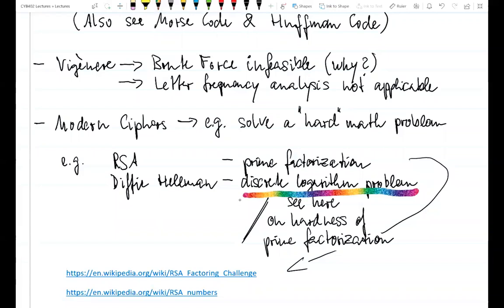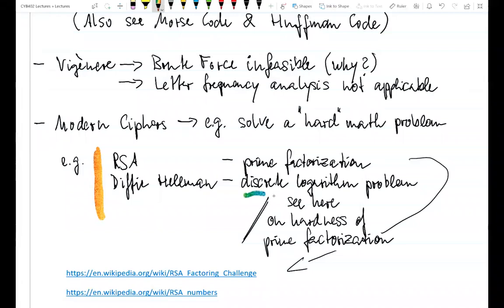And we are going to talk about it at length. The discrete logarithm problem, or DLP, is the underlying idea of the Diffie-Hellman key exchange. It's the underlying idea of a number of asymmetric public key cryptography systems. By the way, these are all public key cryptography systems.